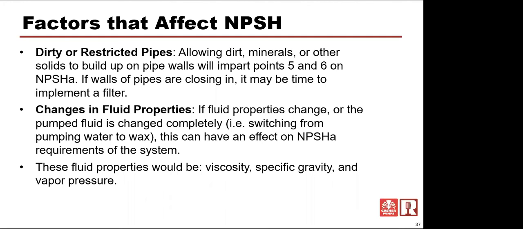It got filled with junk and now it's dirty and now it's creating a big restriction to that flow. Something you thought was very low loss all of a sudden is a large loss. So a suction strainer can be a great thing, but it can also be a very bad thing on a pump, because all of a sudden we can starve that pump, not fill those pump vanes, and cause cavitation.